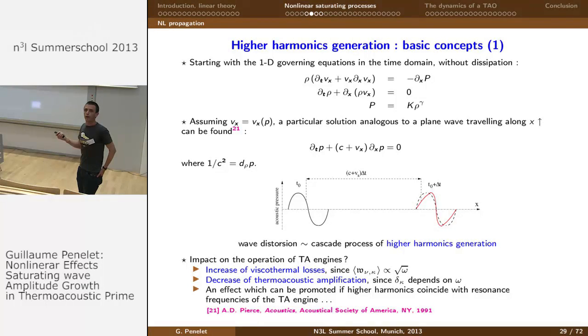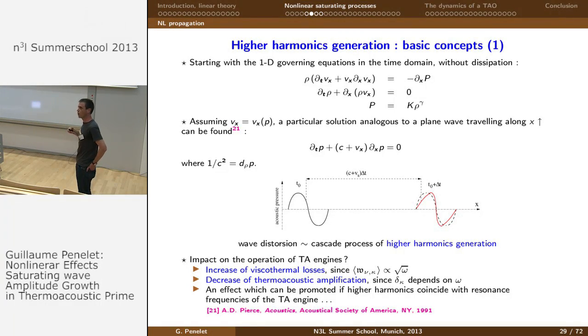We can try to find a particular solution to this set of equations in the form of a simple wave that travels along the increasing x, and we can show that this simple wave equation is the following. The interesting feature of this equation is that it tells that a compression wavefront will move faster than a depression wavefront.